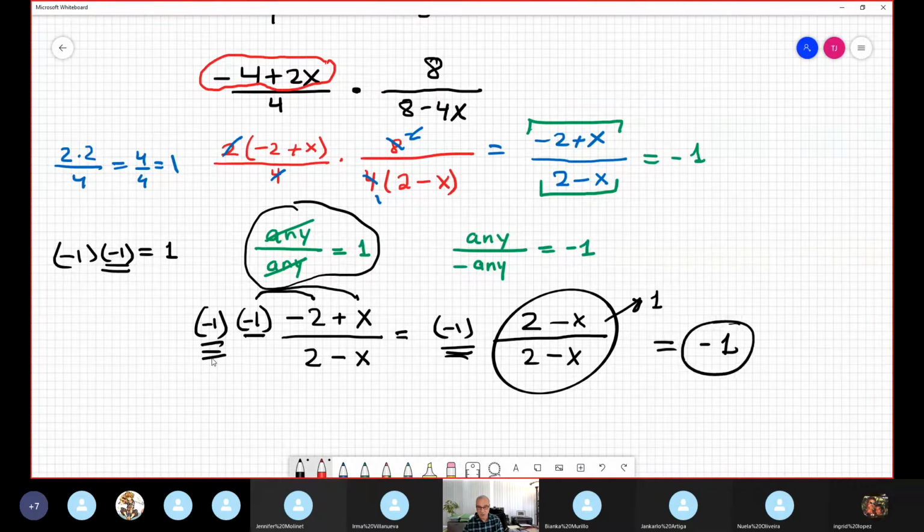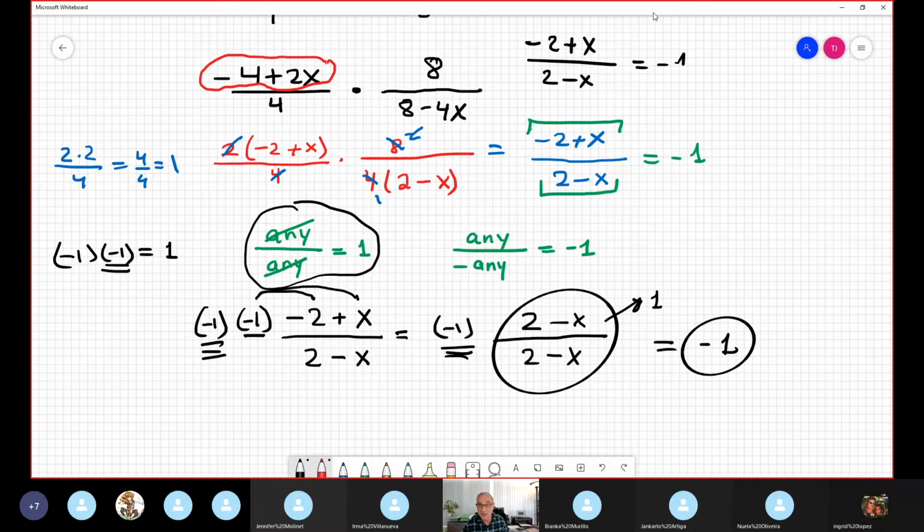So what is the shortcut to do it fast? You don't need to prove it every time that we face that problem. You see one expression, minus 2 plus x, and another expression, 2 minus x. I see that they have completely opposite signs.